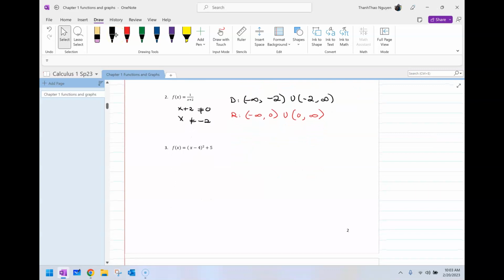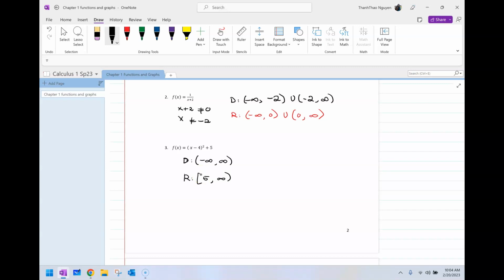This is a quadratic equation, so the domain will be all real numbers. The range is going to be 5 to infinity.